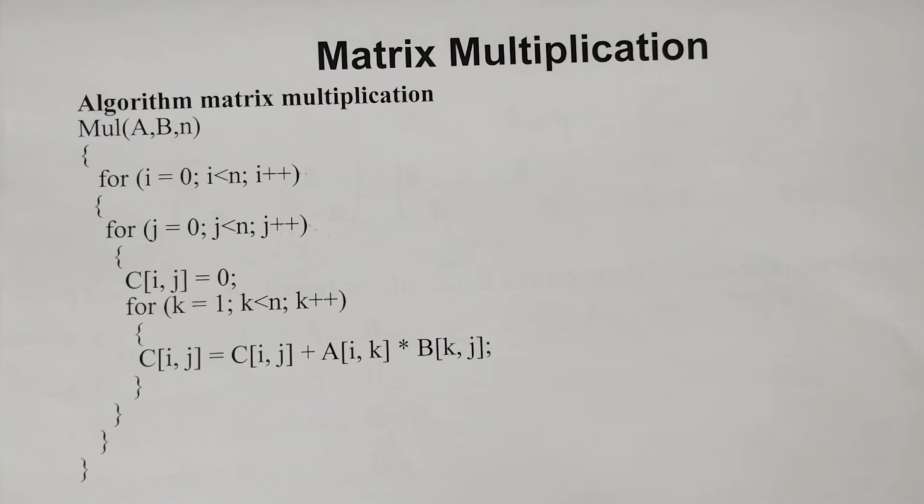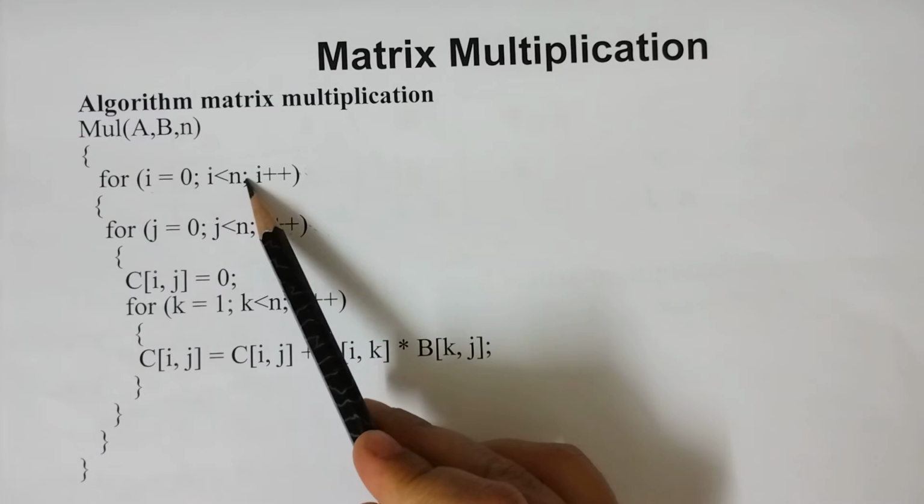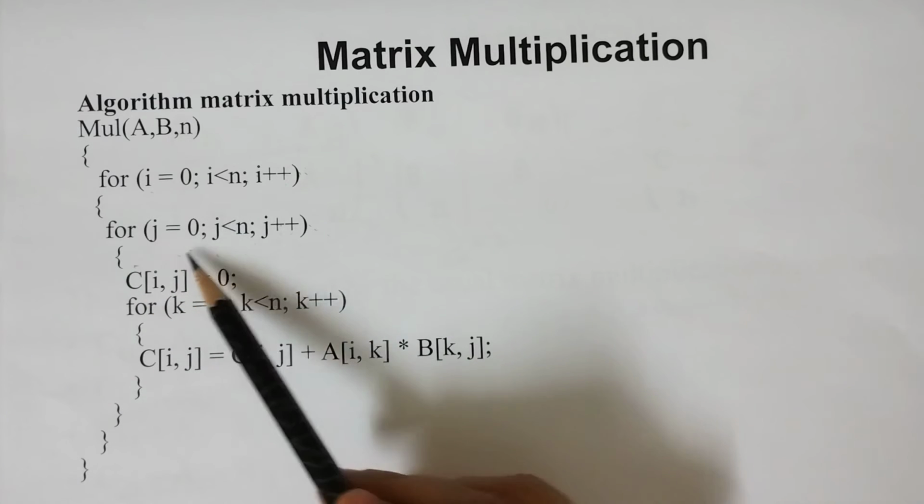Here I already mentioned that a matrix is a 2-dimensional array. When you are using a 2-dimensional array, in order to access its elements we need to use two for loops. The first for loop is for the row value, and the second for loop indicates the column value.